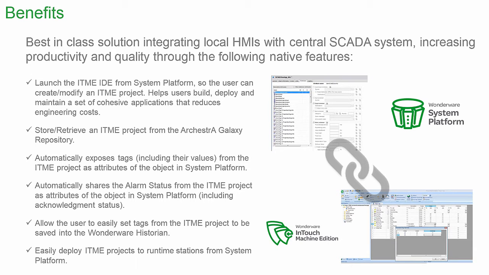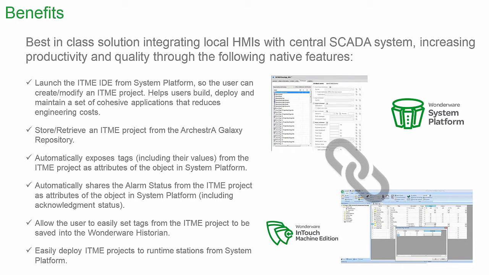You can even, if you acknowledge an alarm in the HMI, the alarm is acknowledged in System Platform and vice versa. And you can also very easily expose the values from the runtime HMIs and save those values to the Wonderware Historian in System Platform. Finally, you have all the tools to remotely manage the applications from System Platform.